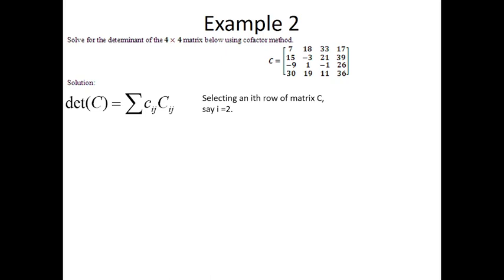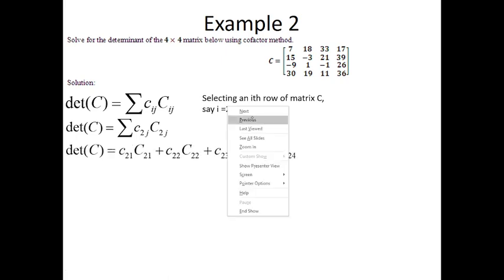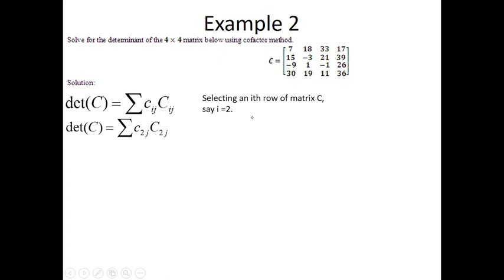Okay? So just like in my discussion previously, no? So we can proceed. So we had selected the second row, no? So sinelect natin yung second row. And in that case, we will replace now i by 2, because we have selected the second row.